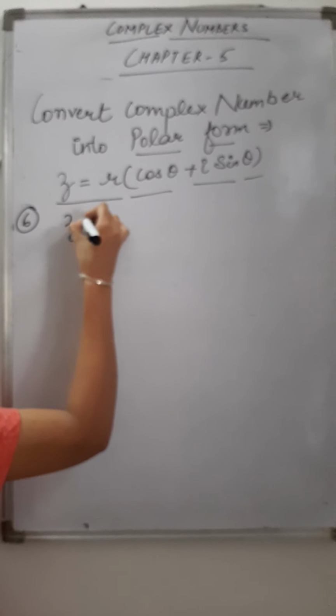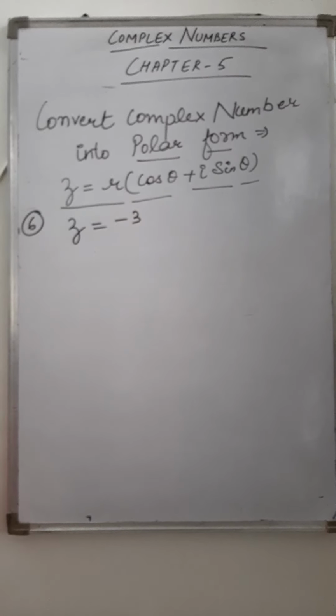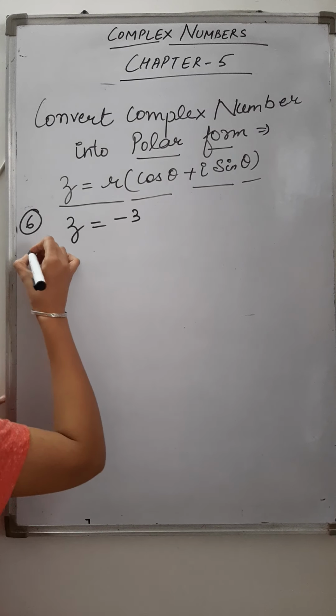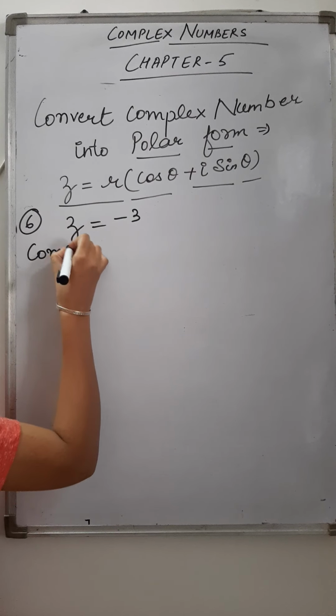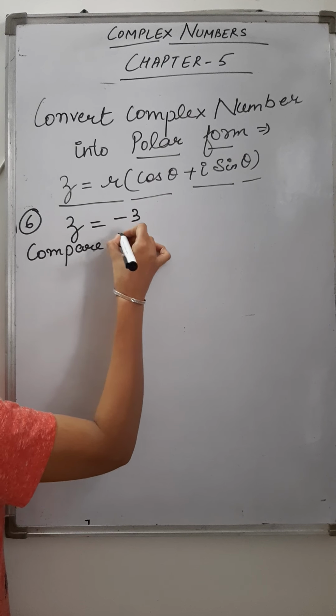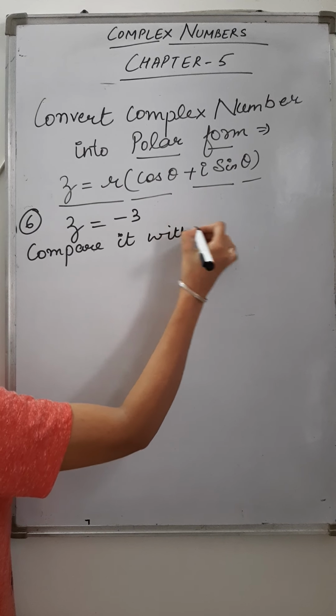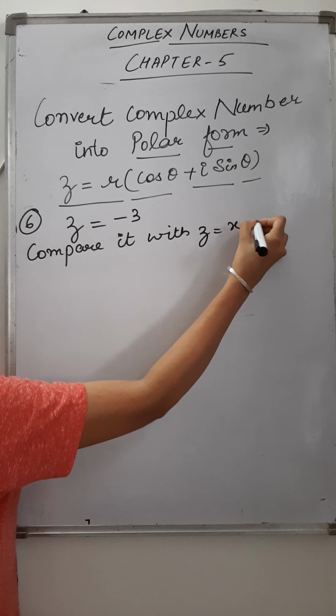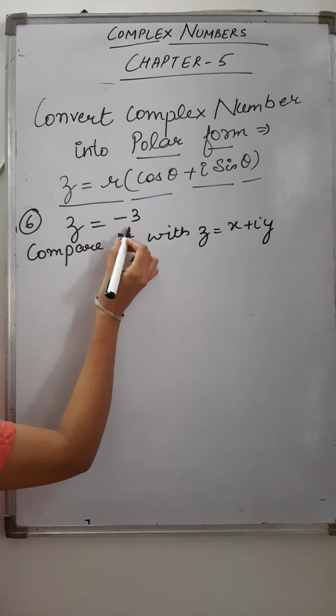Sixth question, z is equals to minus 3. As usual, compare it with z is equals to x plus iota y. So here this is your real part.